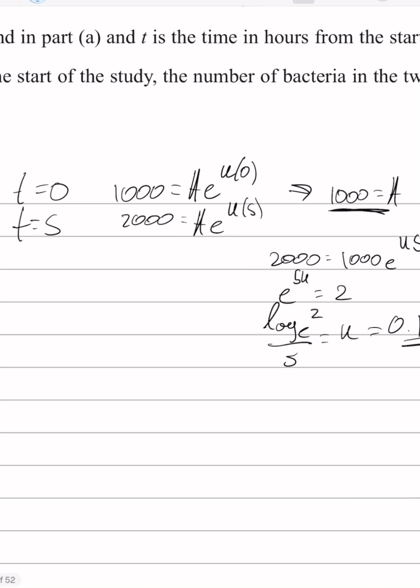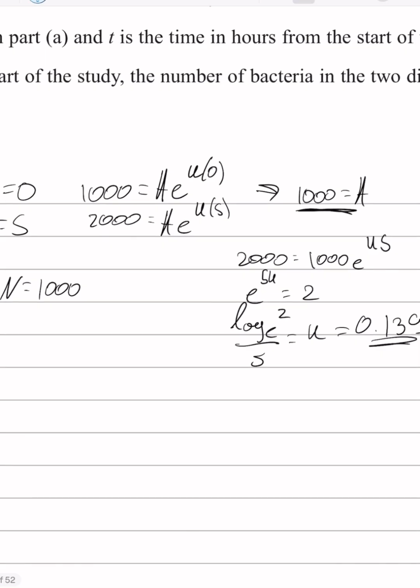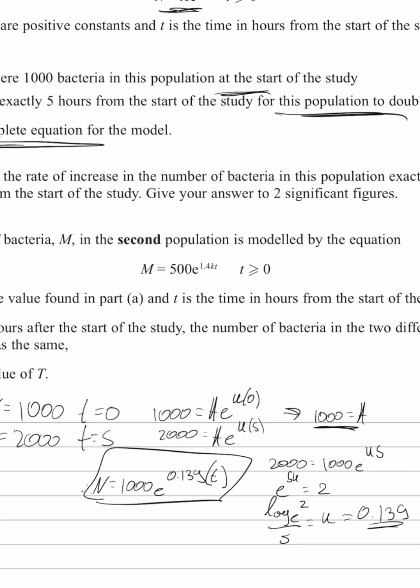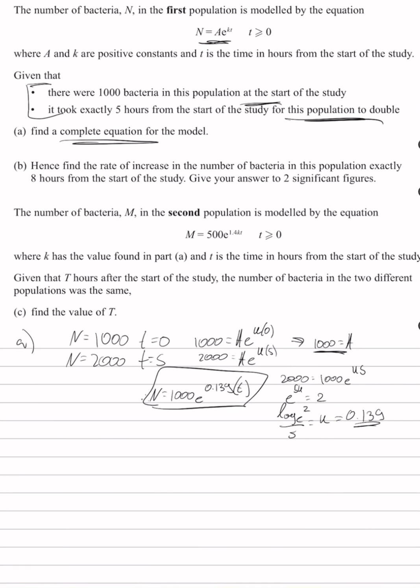So putting those back into the original equation, we get n is 1000 e to the 0.139t. So we get this. Then the next part, it says find the rate.